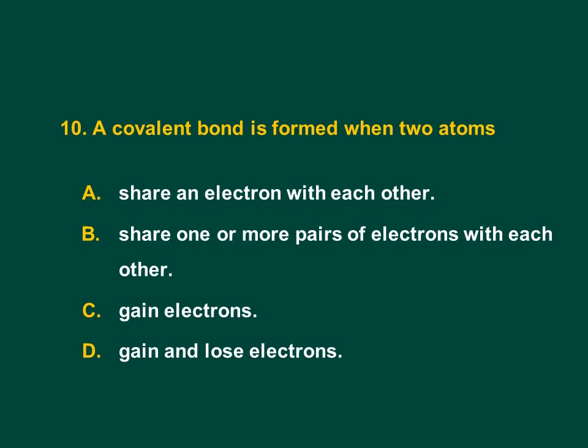Covalent bonds: when two atoms share only one electron? No, share one pair or more. So the correct choice is share one or more pairs of electrons with each other.